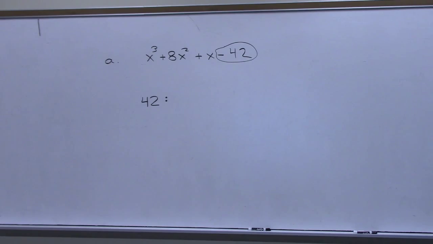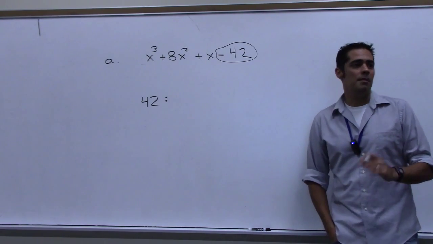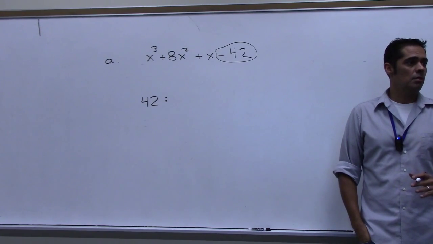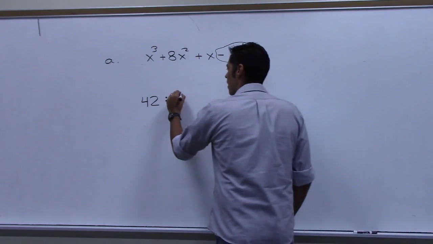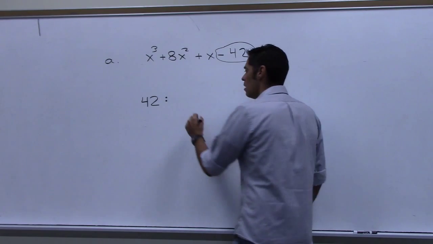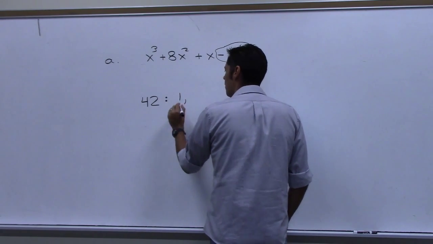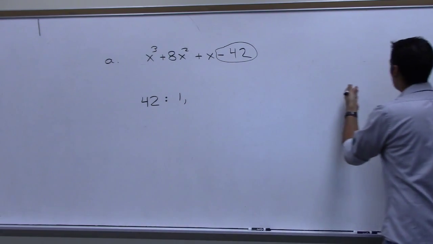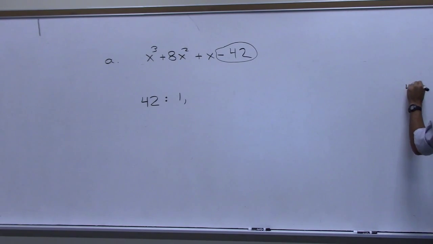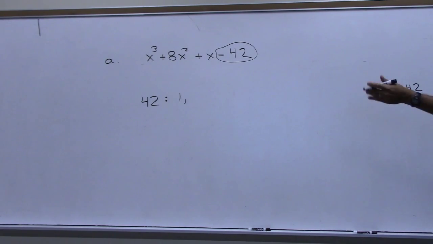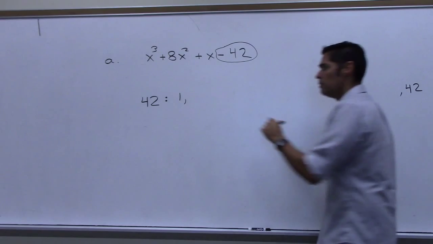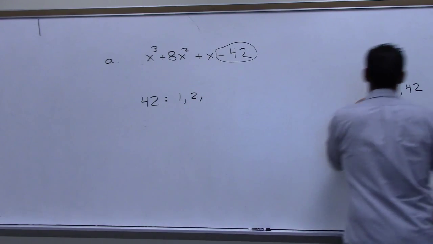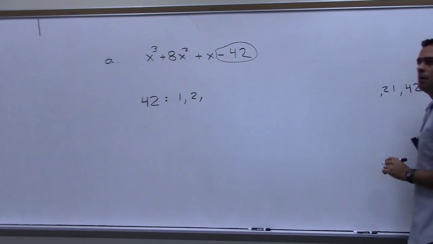Now what I have to do is come up with all of the numbers that multiply to be 42. So let me give you some examples. I could have 1 times 42, so I'm going to say 1 and then 42. I'm going to put 42 way over here at the end of the list because it's going to be the biggest possible number I'm going to have. I'm creating a list of numbers. The next pair would be 2 and 21. How about 3?